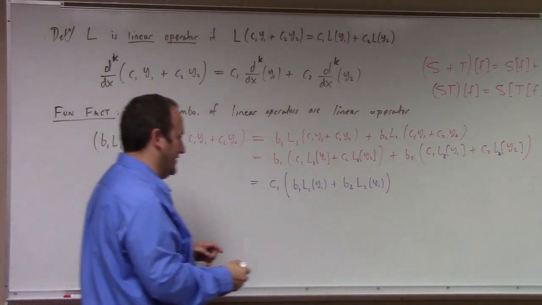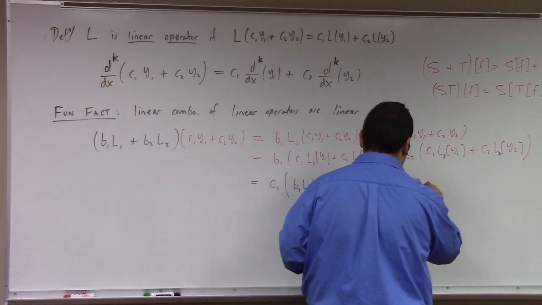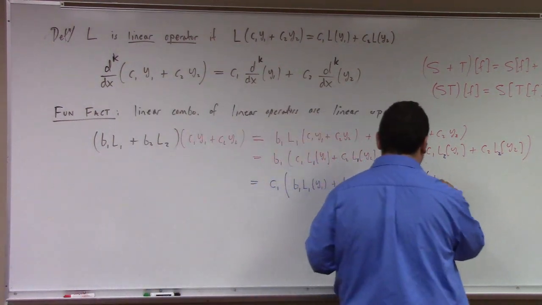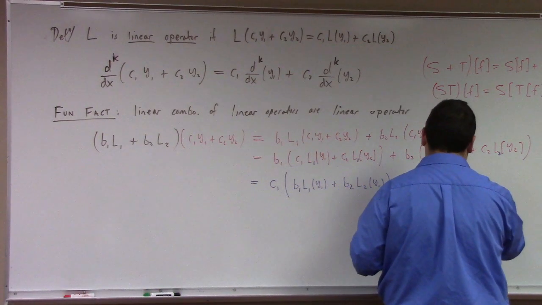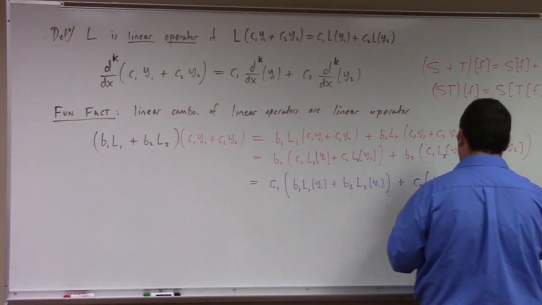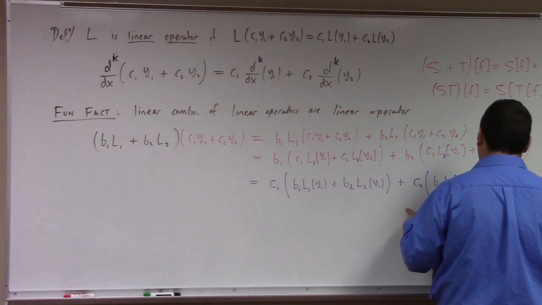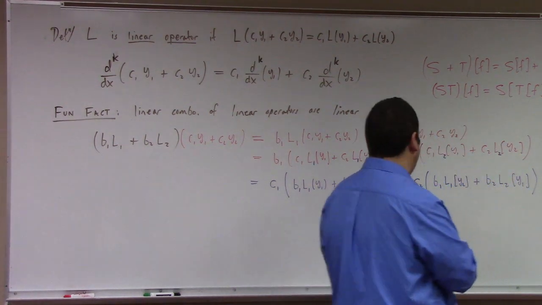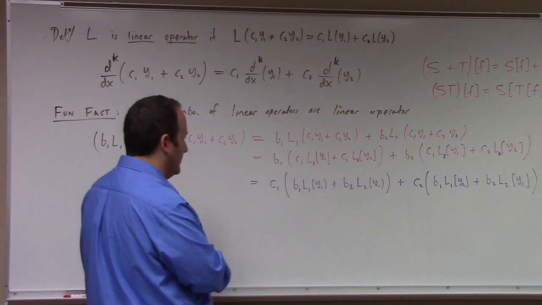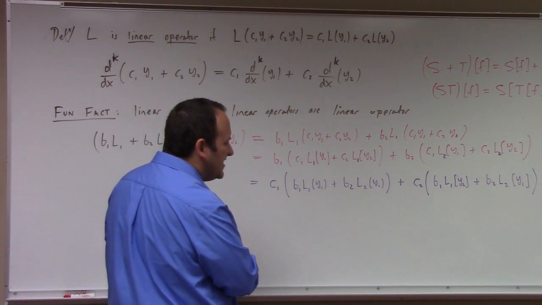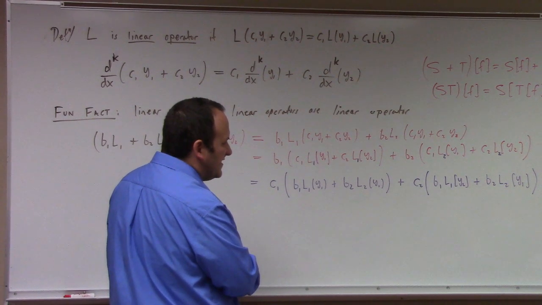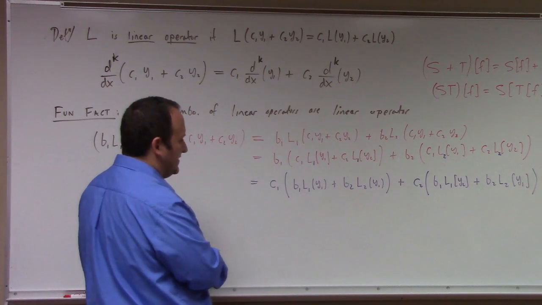Now the C2, what do we have? I've got a B1 L1 of Y2 plus B2 L2 of Y2, yeah? I think that's good. That should be a 2, shouldn't it?